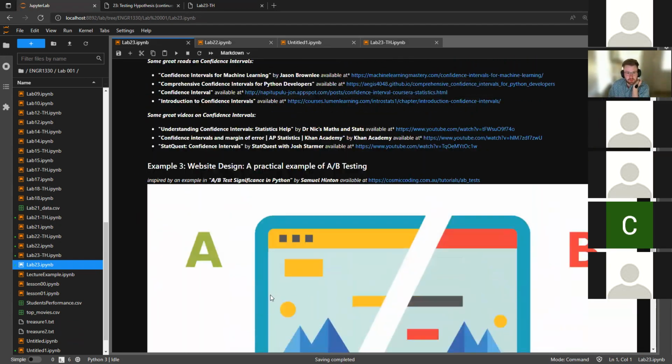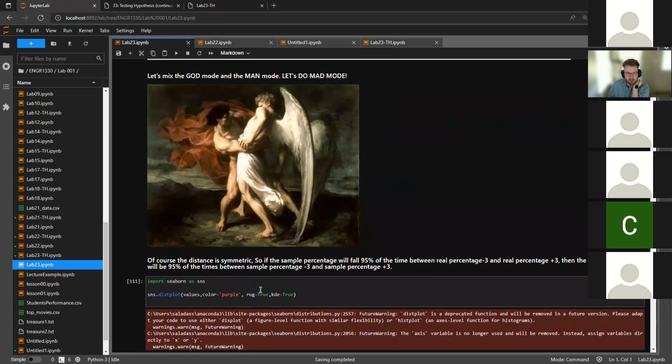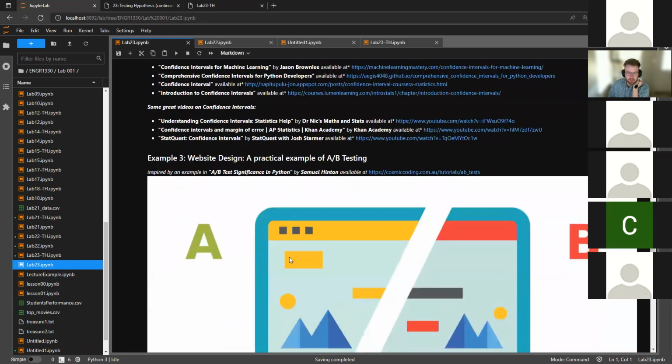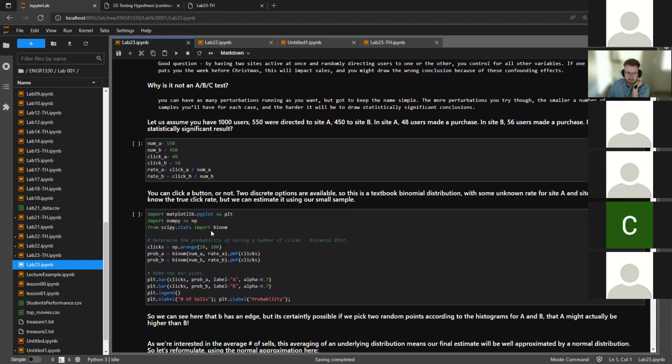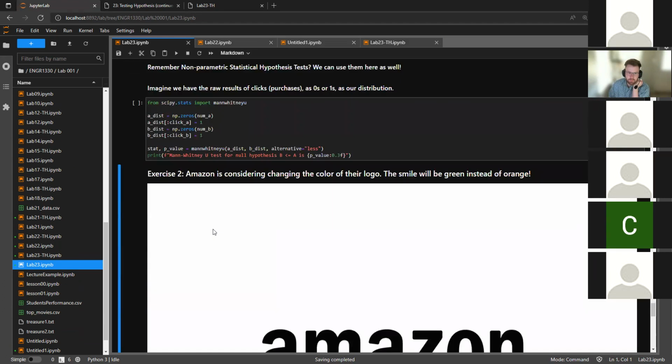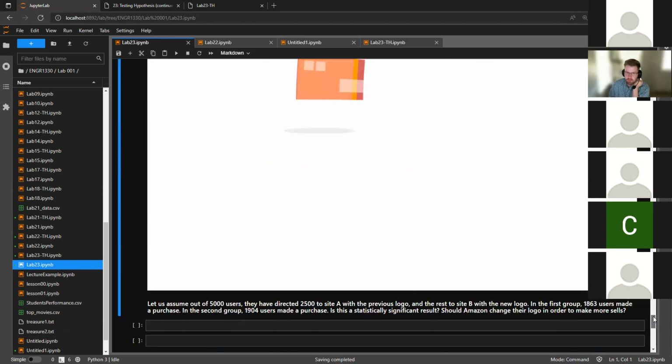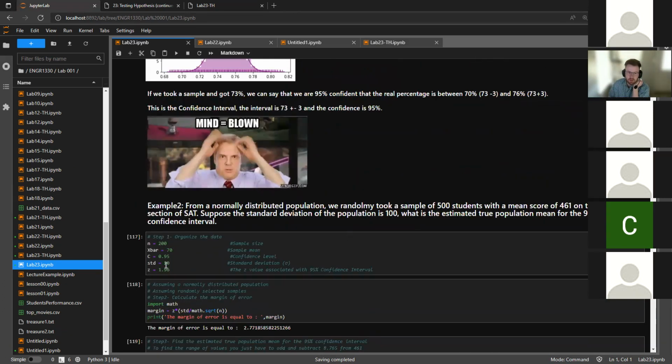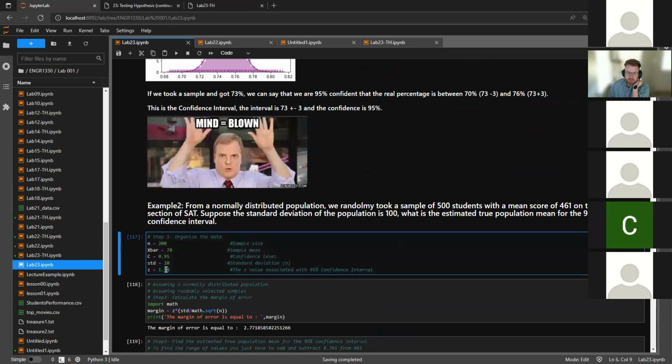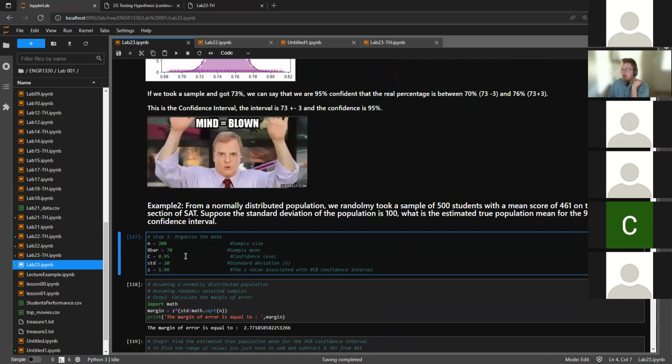But I'll warn you, for those who are paying attention, don't do it. Because the z-value for a 95% confidence interval is not the same z-value for a 90% confidence interval. I'll just tell you right now, it's not. So don't do that.